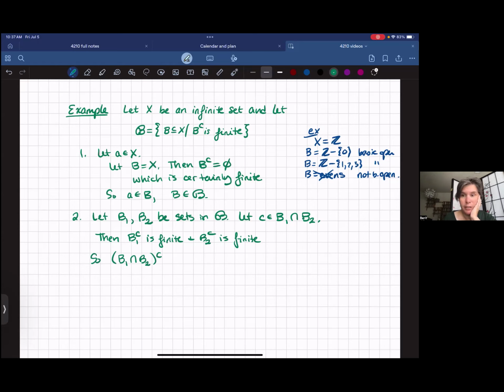Well, we have something called De Morgan's laws for this. This is B1 complement union B2 complement. And I'll draw a Venn diagram in a second just to review that, but that's De Morgan's laws. So the complement of B1 intersect B2 is the union of the complements. And each of those complements are finite. So this is a finite set unioned with another finite set. When you union up two finite sets, the answer is still finite.